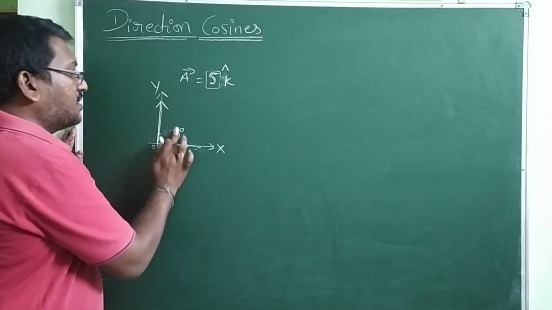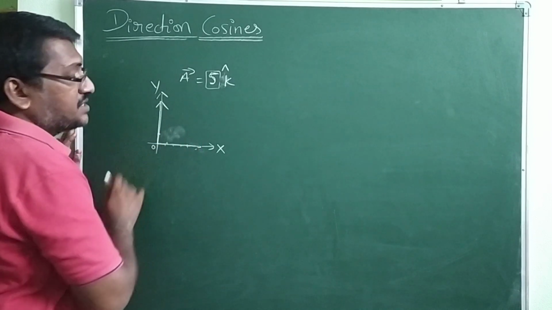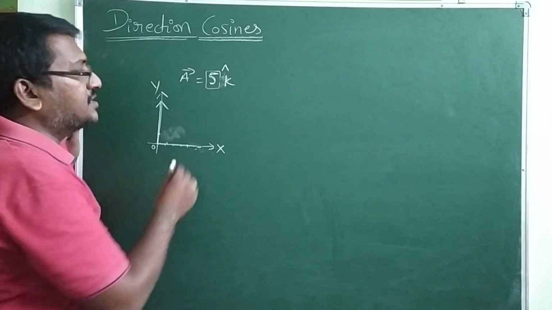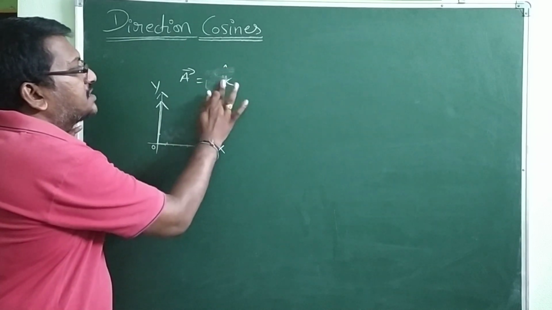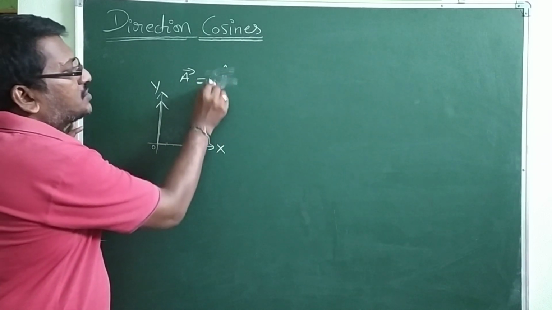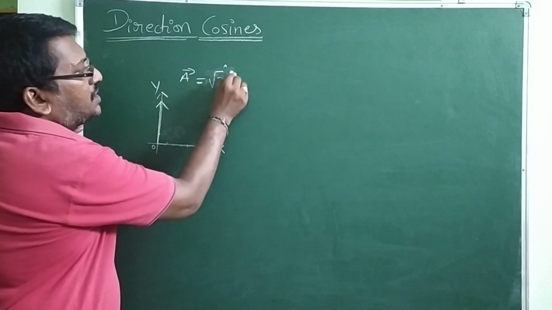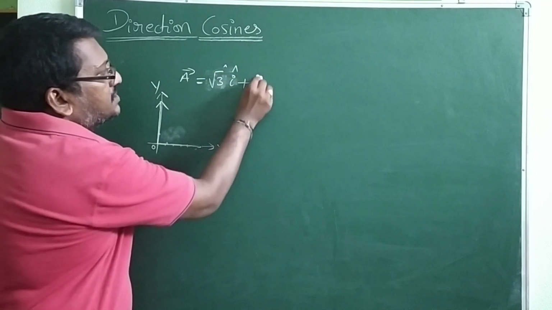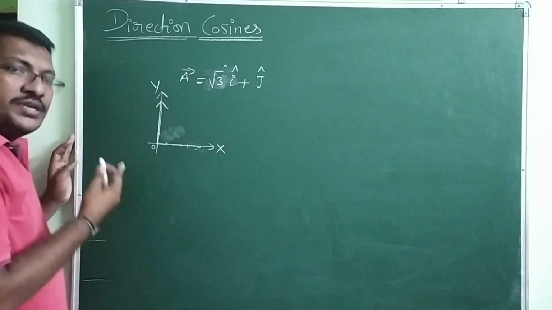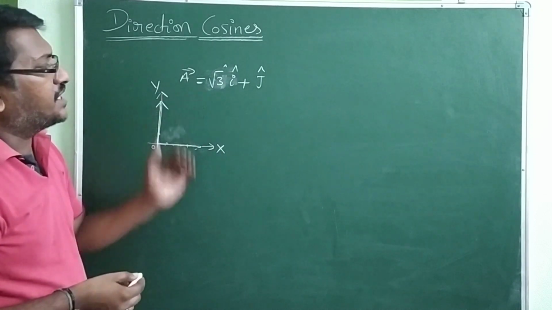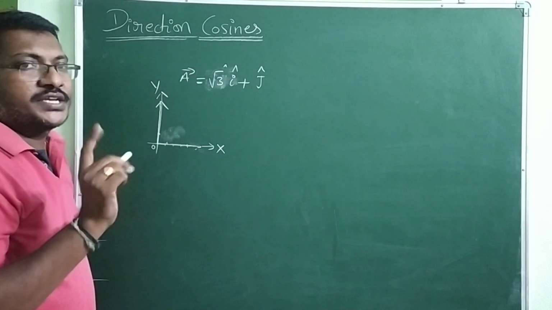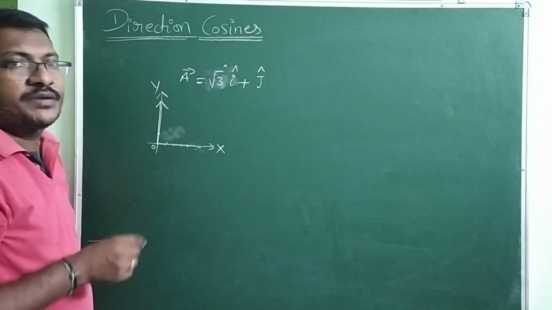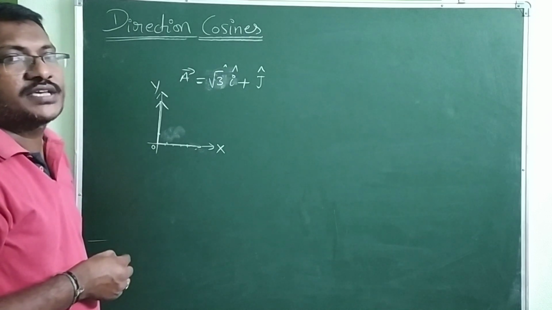For example, a vector in 2 dimensions, that means in the xy plane or yz plane. For example, you can take the vector a bar is equal to, simply I am taking, root 3 i cap plus j cap. In this case, what is the direction of the vector? Direction of the vector means the angle made by the vector with the x-axis.